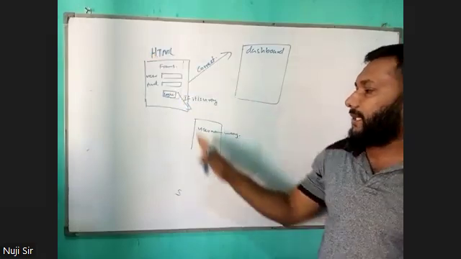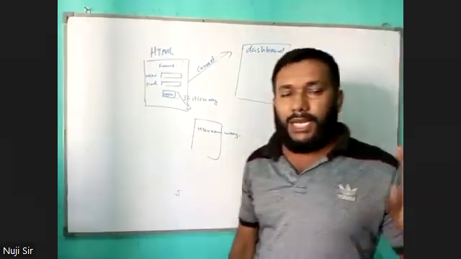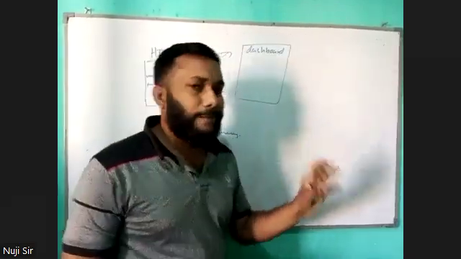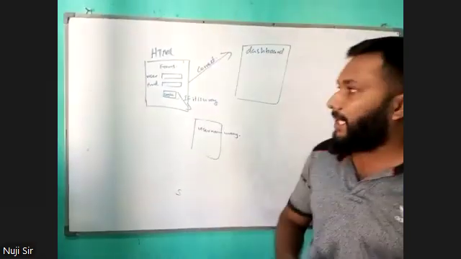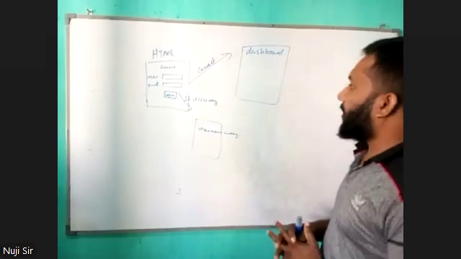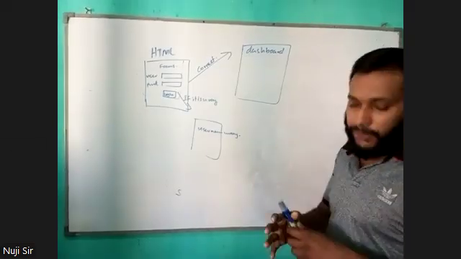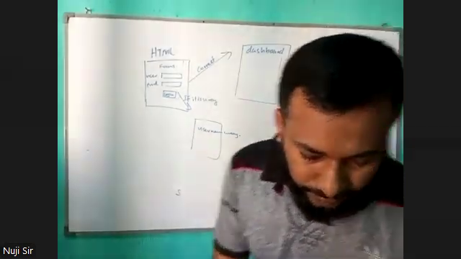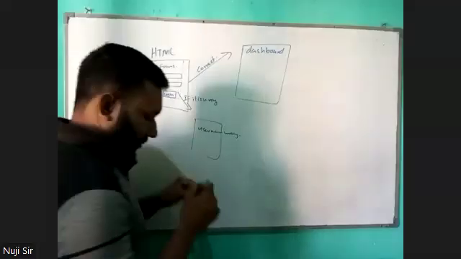So now you have the basic idea. Now the problem: HTML, hypertext markup language, does not support the dynamic version. HTML is a static part. And there is another part, the database. Without the database, you won't be able to handle this. Now look at this.